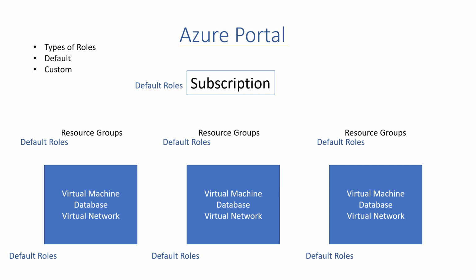Don't assign a role at the subscription level itself, because since you have assigned a role to a particular user at the subscription level, that role will be inherited and the user might get unauthorized access. Let's talk more about how default roles work, and then you will have a better understanding of what I'm trying to explain.